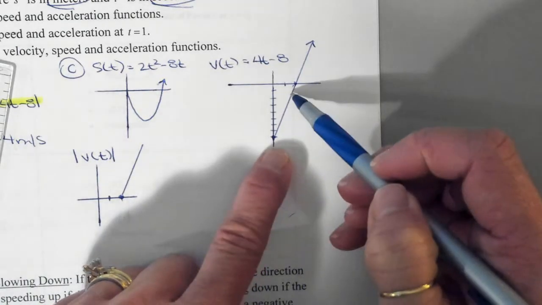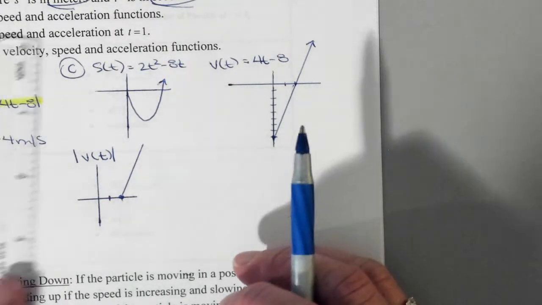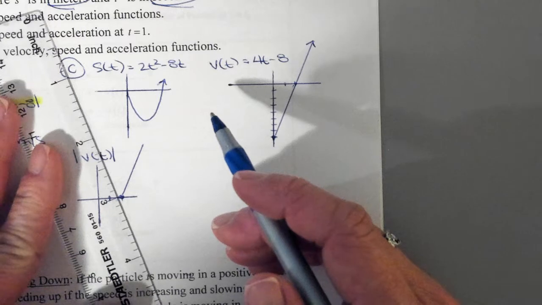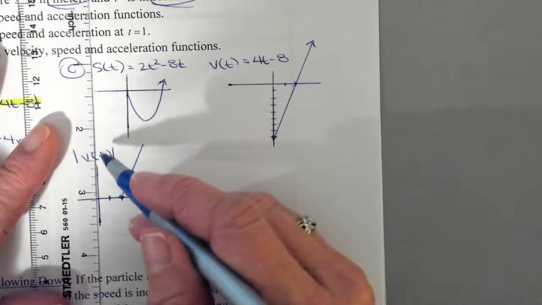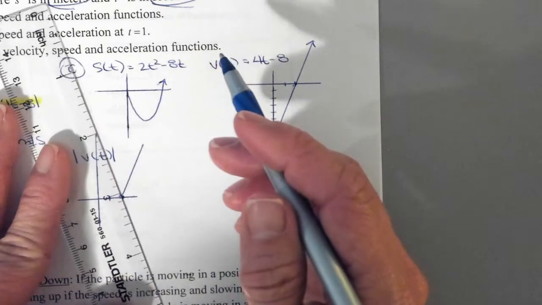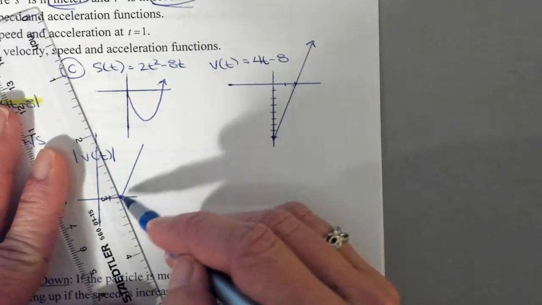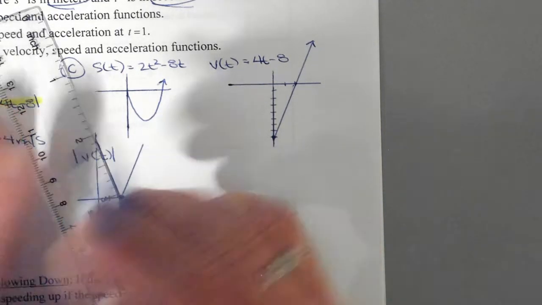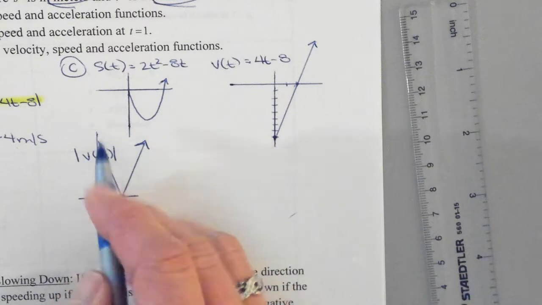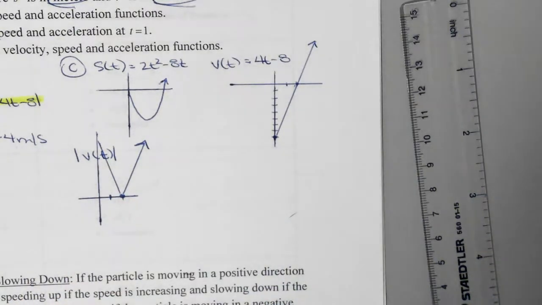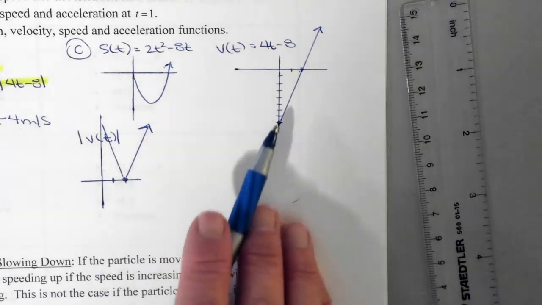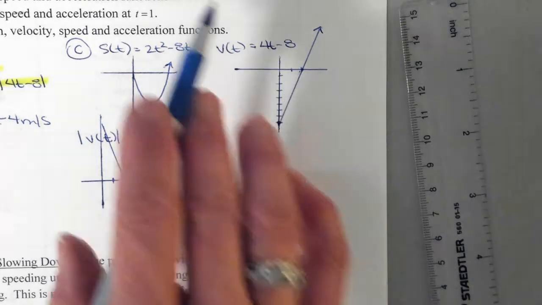This portion right here has to flip up above the x-axis, and I cannot go beyond, so let me extend this just a little bit here. So I would say something like this. So this one is going to keep going. This one has to stop here because time can't be negative. So essentially, just this portion right here was flipped above the x-axis.